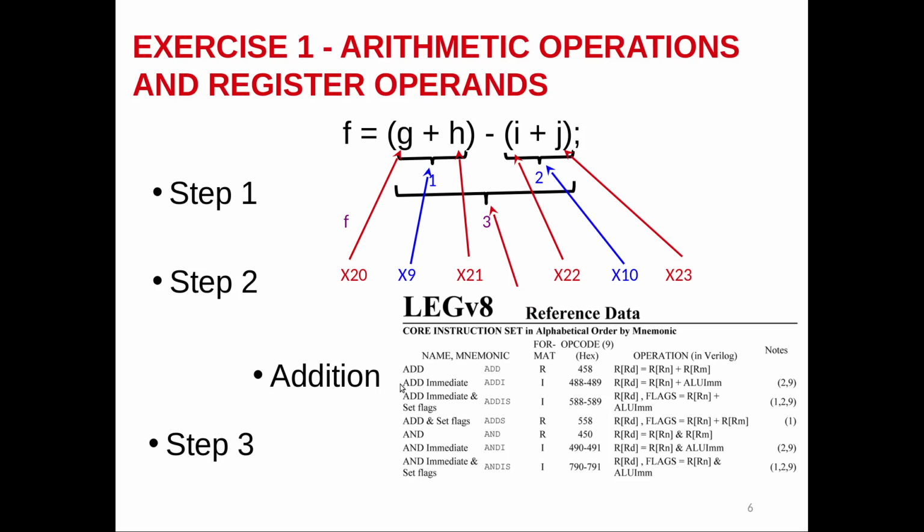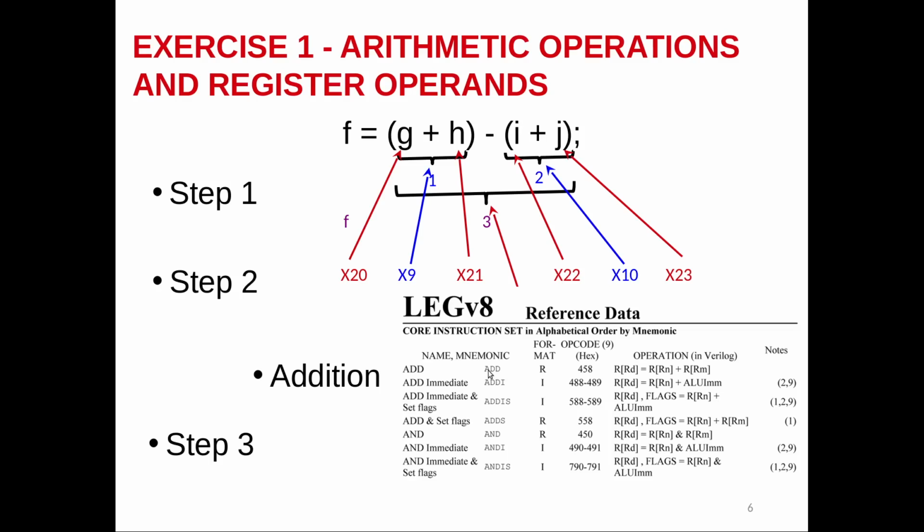We can see here we have several add operations, in which this is add with immediate, and set flags, add and set flags. And so we can see here we need to calculate the addition, the sum of G and H only. So we will use the add. This should be the appropriate operation in this situation.